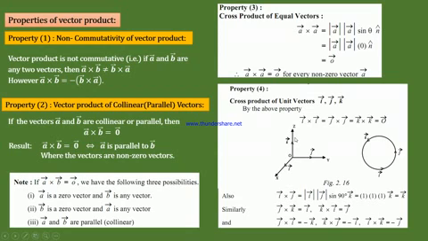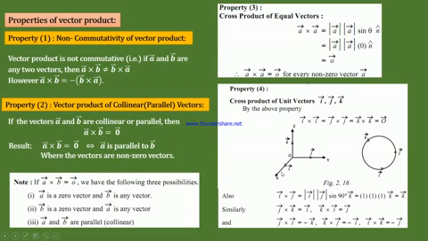It's a visual one. For the proof, i and j are both unit vectors, so the angle is 90 degrees, and sin 90 is equal to 1. Using the formula and solving this, we get a k vector. So i cross j is k vector, j cross k is i vector, and k cross i is a j vector. All these are the right hand system.